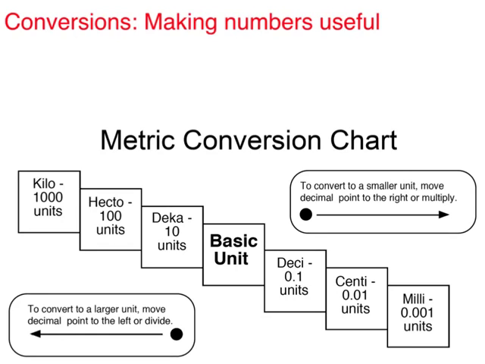For instance, if I had 1 meter, then I would have 10 decimeters, because it's a base 10 unit, and of course I would have 100 centimeters. Now if I had 1 meter, I would only have 0.1 decameters, or 0.001 kilometers.